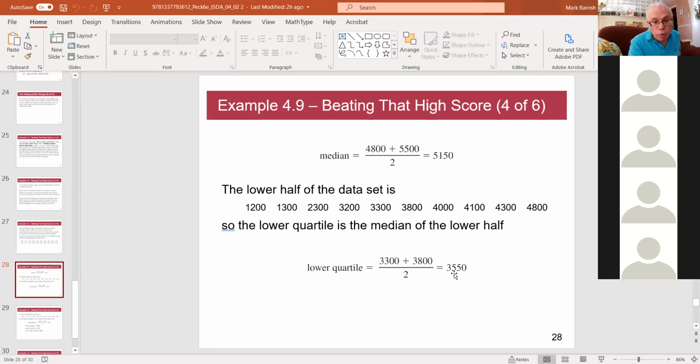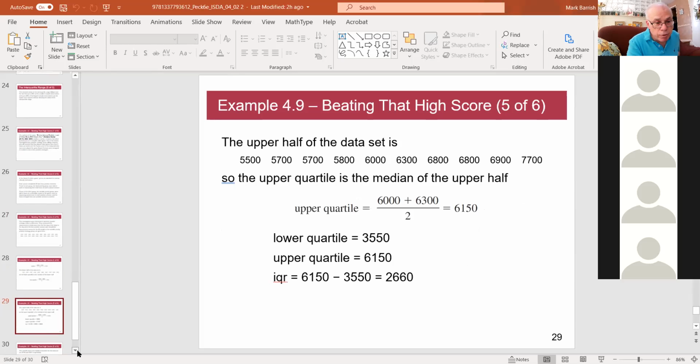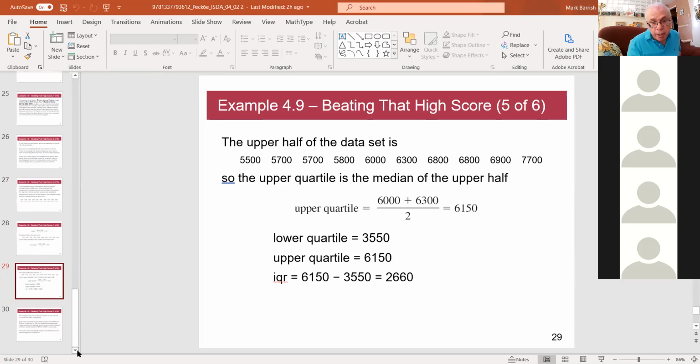You get your Q1 or lower quartile, and they do the same thing for the upper half of the data set. And then IQR is just the difference between those two numbers. But again, if you entered your numbers into your calculator, you just go to one variable statistics and look up the lower quartile and the upper quartile. The median, it's all there for you. Only for the IQR, you have to calculate that. The calculator doesn't give that to you.